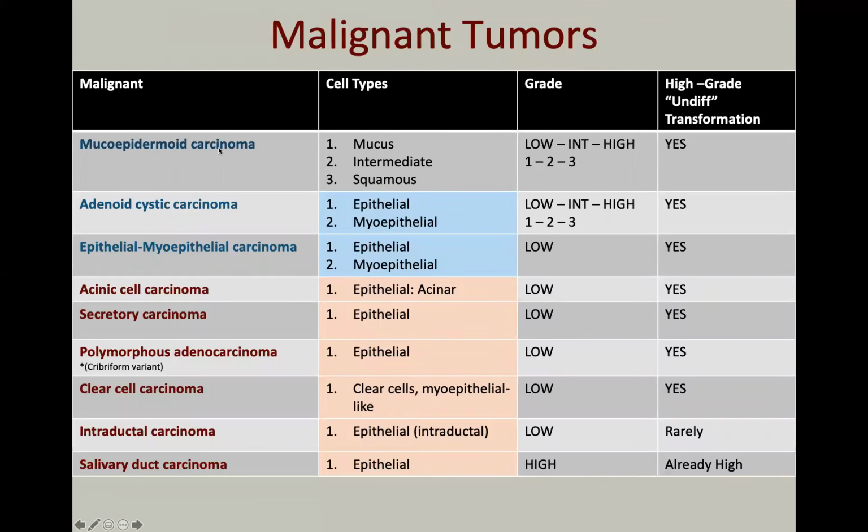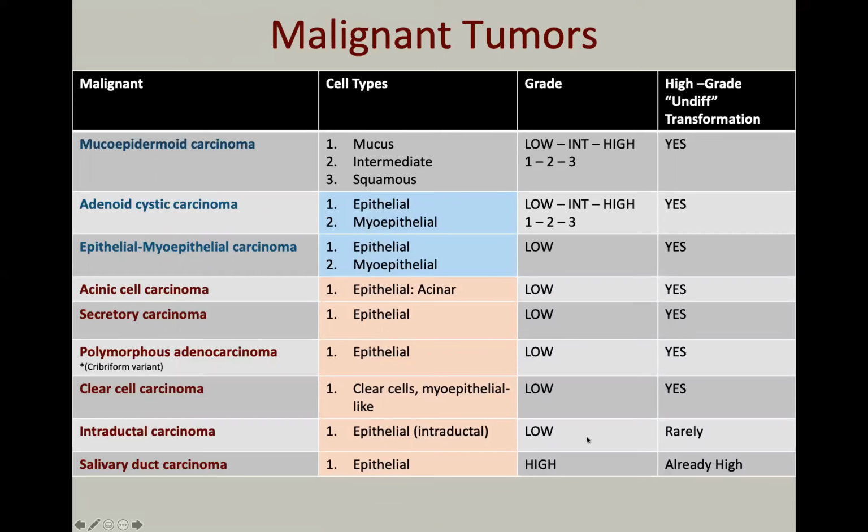I've listed them here as being multiple cell types or single cell types. At what grade are they generally? So mucoep and adenoid cystic are really the only 2 tumors that have a designated grading scheme of low, intermediate, and high. The rest, you have to sort of use your judgment.